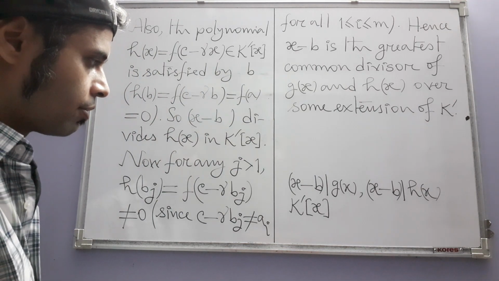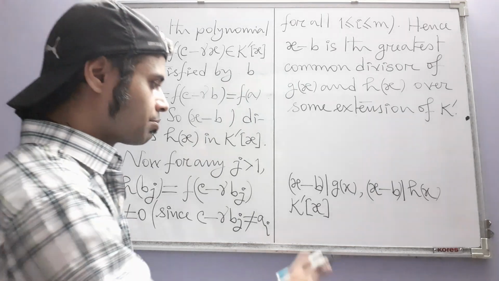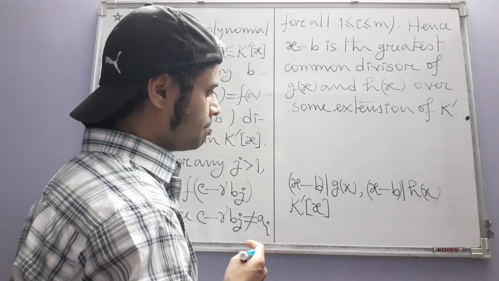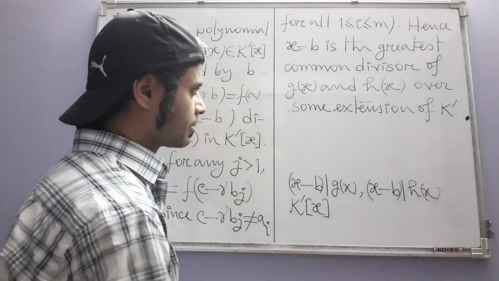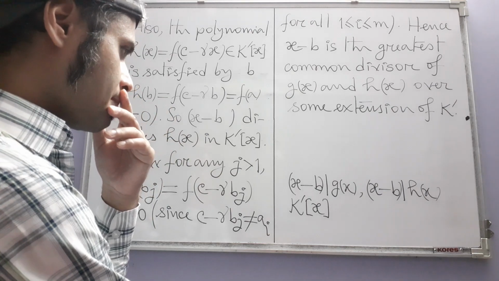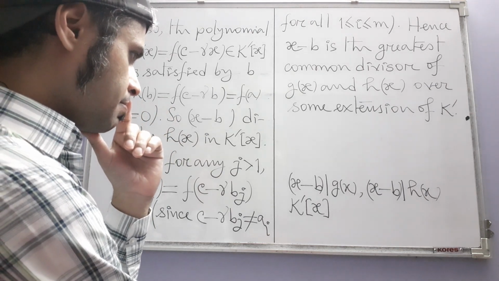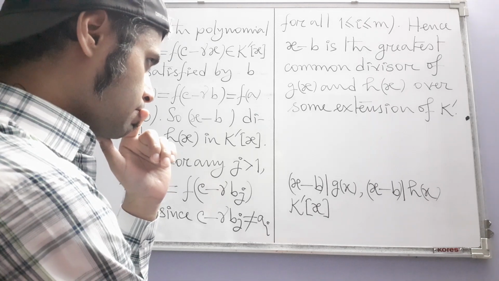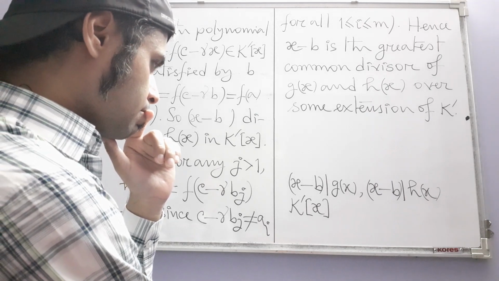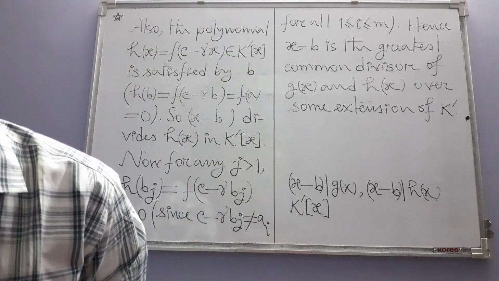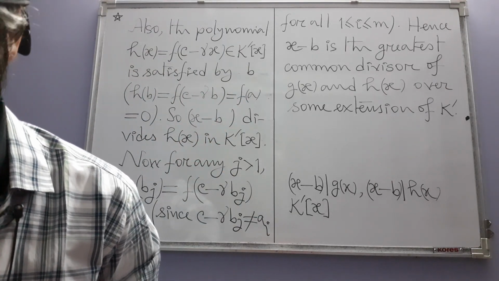So does that not automatically make x minus b the GCD of gx and hx over k prime itself? What is the problem in that? Okay, let's go through the proof and then we will see what the problem is.